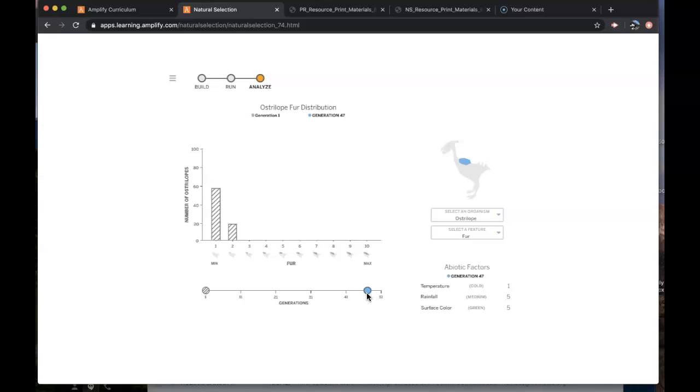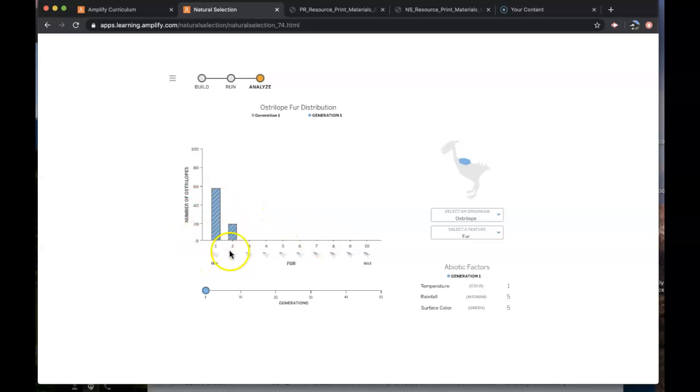So since population B did not start out with a variation that included individuals with an adaptive trait, it didn't even start out with any, even a small bit here, it didn't start out with any that had an adaptive trait of a high fur level. None of the individuals could survive.